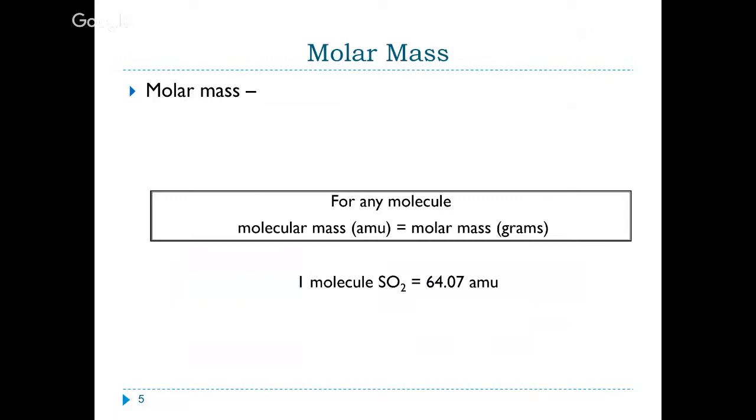If we have 1 mole of sulfur dioxide, now it weighs 64.07 grams. So the formula weight is not the same as a molar mass, right? Formula weight is looking at the atomic level. What is the same is the number. So the numbers are the same, but the units are different.